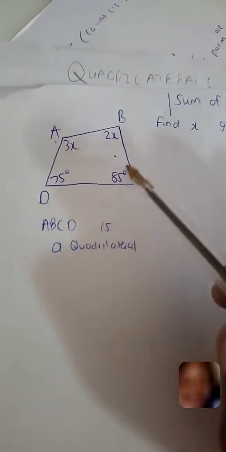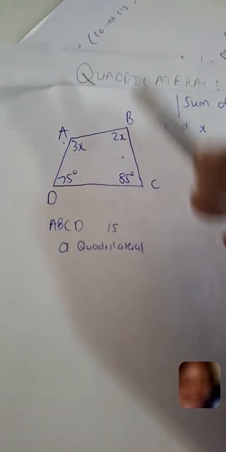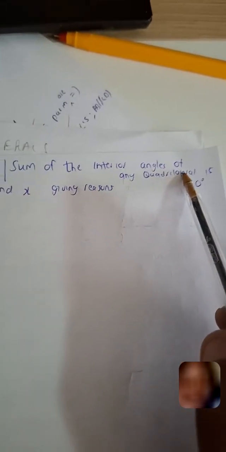This is something else that you need to know as part of your properties. Any quadrilateral, Kia, if you add the four angles, if those four angles are there and you can see them, adding those four angles for a quadrilateral should give you a total sum of 360.